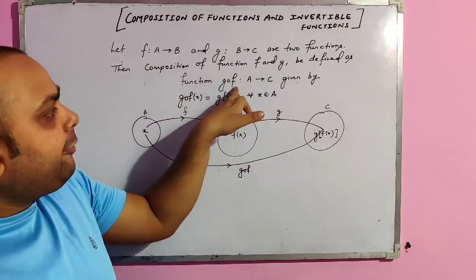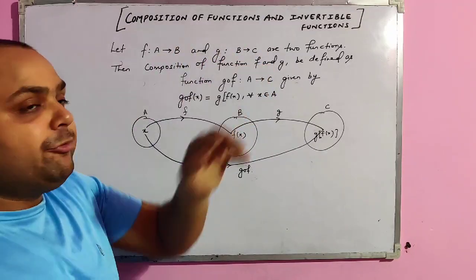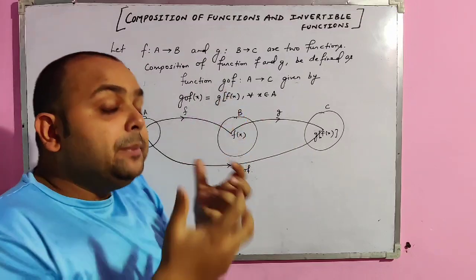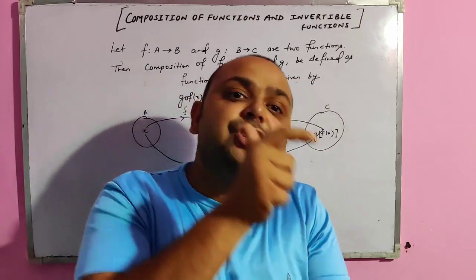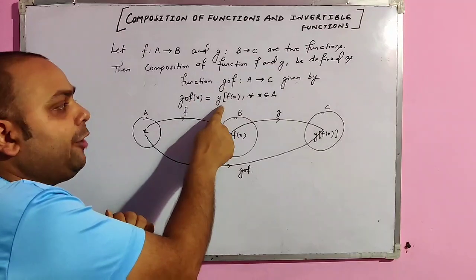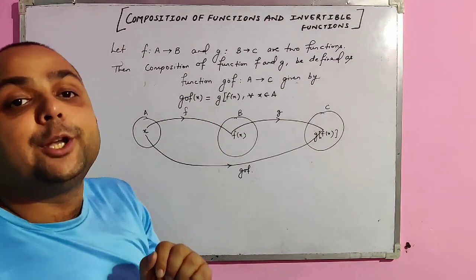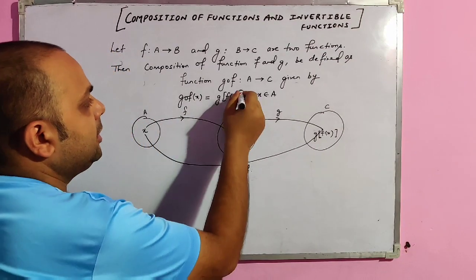If we write gof, we can write it from A to C. The common part will be eliminated here. So gof means substituting the value of f(x) in g(x). That is, gof is defined as g(f(x)), meaning in place of x we have to substitute the value of f(x).